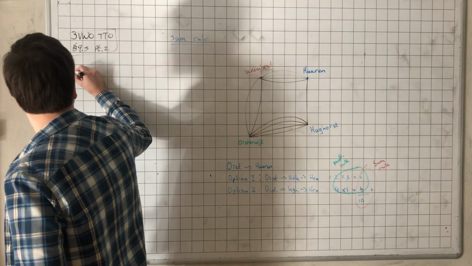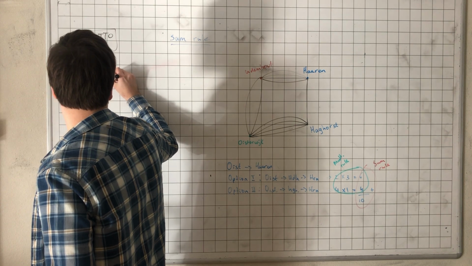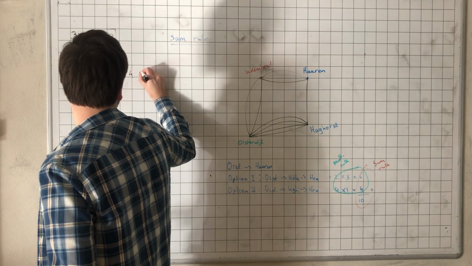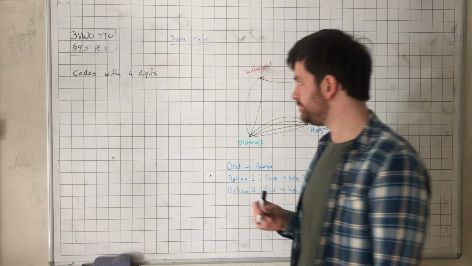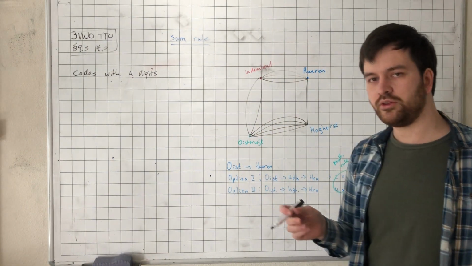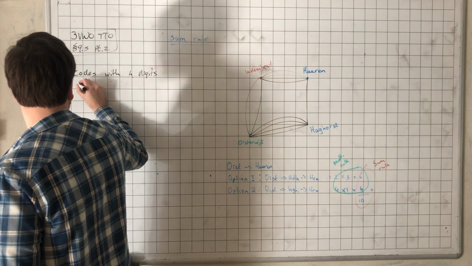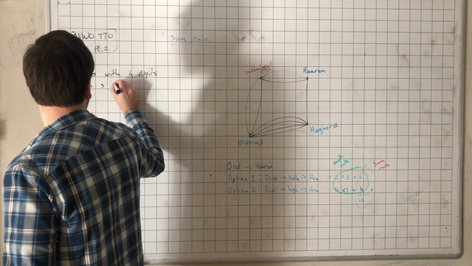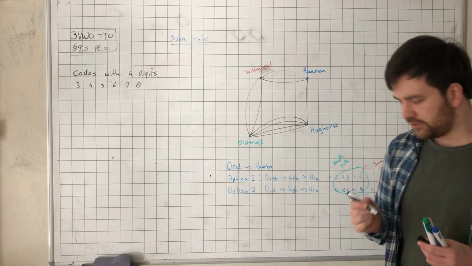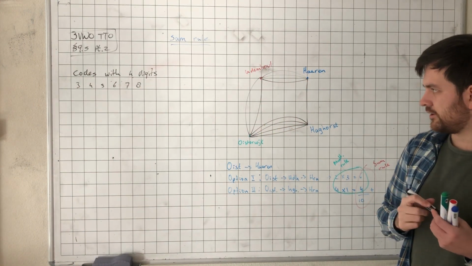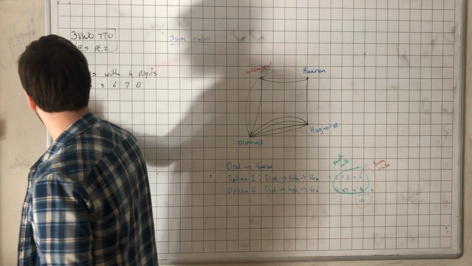We're going to make codes with 4 digits. So that doesn't change. I only want to use a select few numbers. I only want to use 3, 4, 5, 6, 7, and 8.